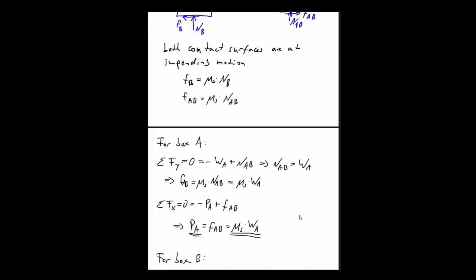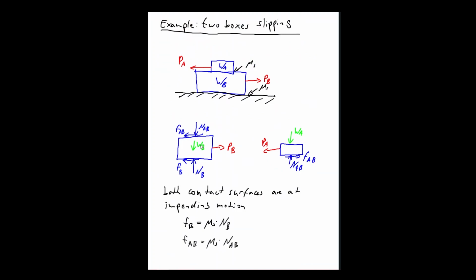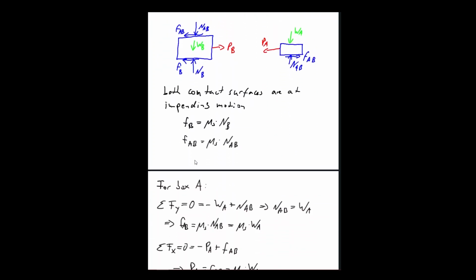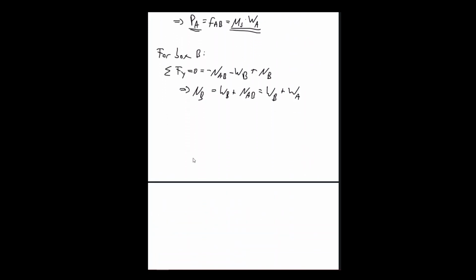All right, does that make sense? Let's see up here. Yeah, it makes sense, right? That the normal force at B would be just the weights together. Nowhere else to go for the weight. All right, so that means, of course, that FB is just mu s times NB because we're at impending motion, which is the same as mu s times WA plus WB.